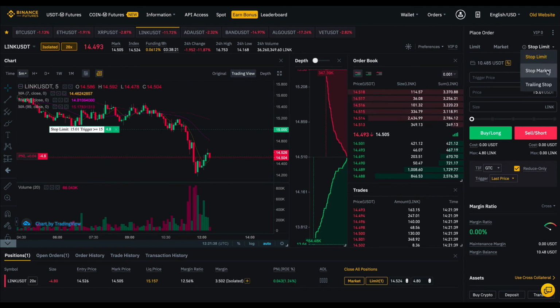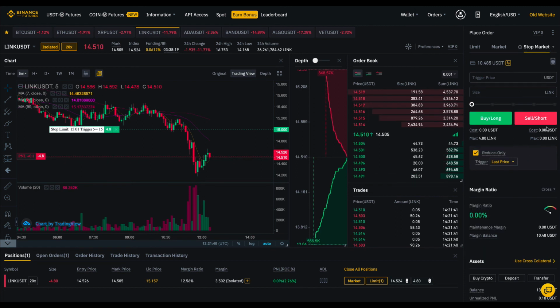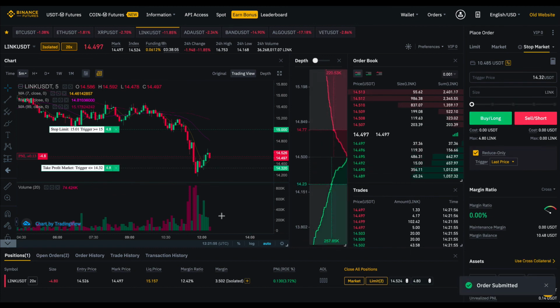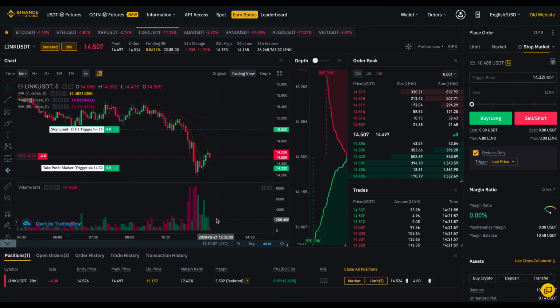Then we're going to put a stop market, which is our take profit, and we want to put that in at 14.32. Tier 1 buy. Now I have no intention of letting the stop be hit at that point. I'm just giving it room to breathe.